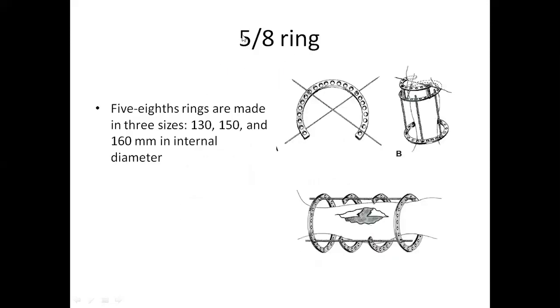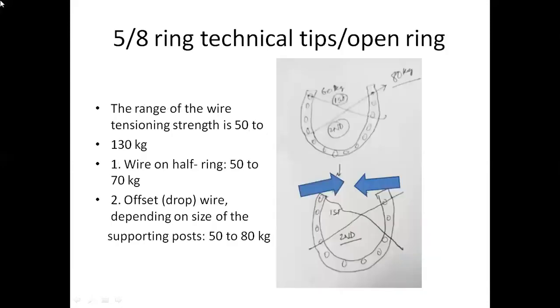And now the 5/8 rings. The 5/8 rings are usually open-ended rings, and it is 5/8 the size of a full ring. It is used where there is a tissue defect, or in the upper part of the arm. But one thing is that when you put tension in this open ring, you have to be more careful. What is the carefulness?